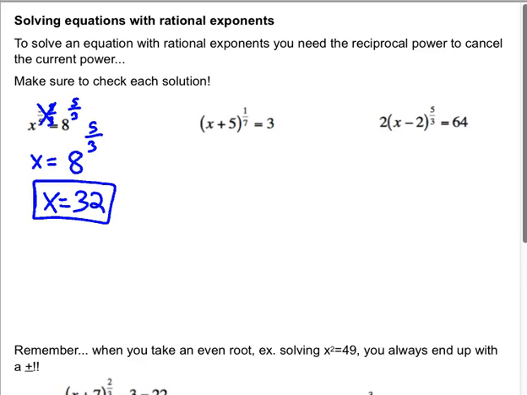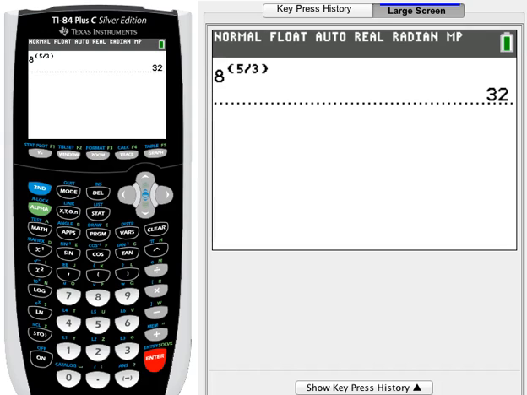Now, of course, it's always a good idea to go back and check in the original equation. So let's plug this in and check. Is 32 to the 3/5 power actually equal to 8?